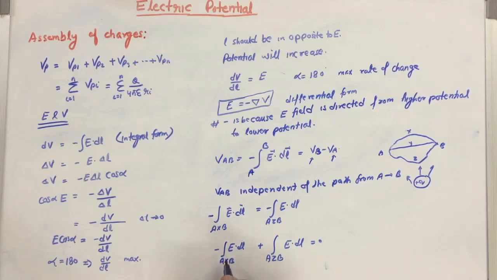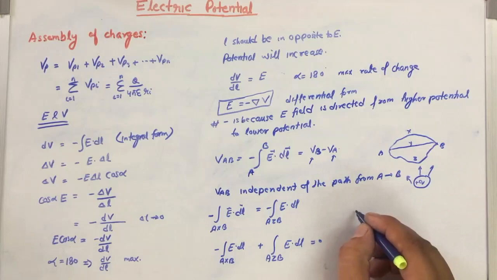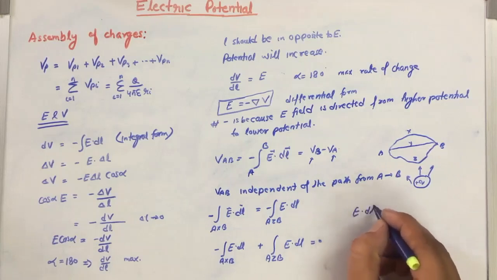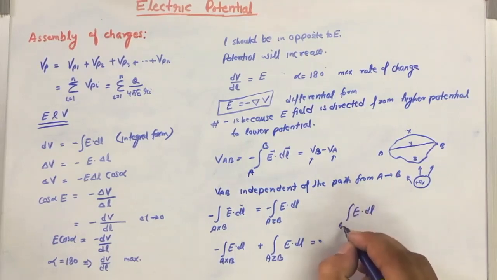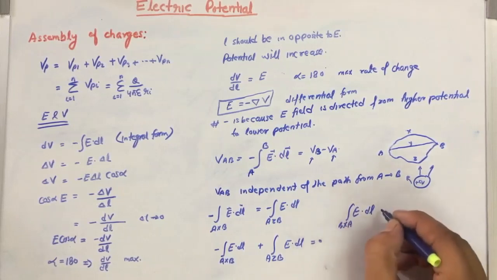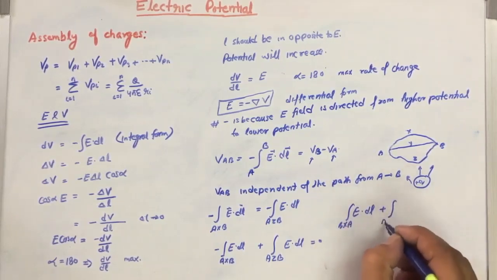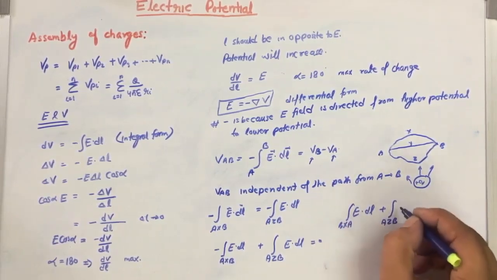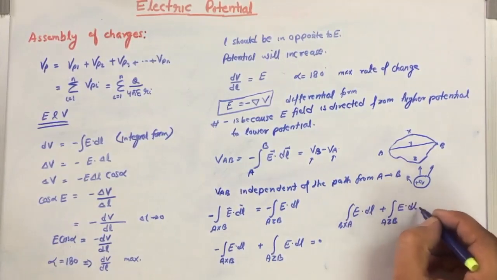So if we are moving from A to B, then AXB will be there. If we are moving from B to A, then BXA should be there, and the sign will be reversed. So following that, we can say E dot dl along BXA plus E dot dl along AZB will be equal to 0.